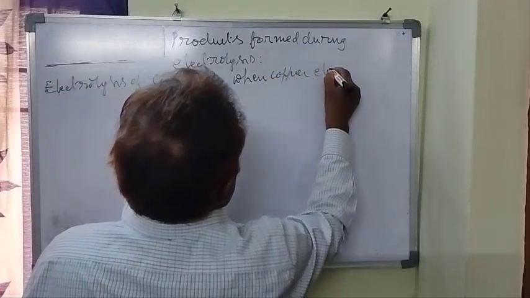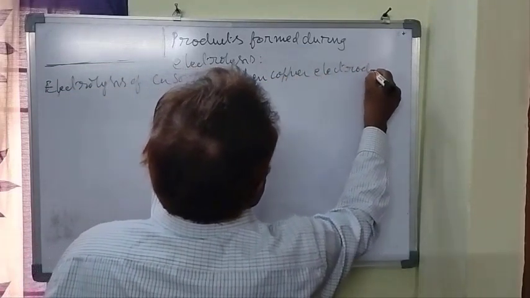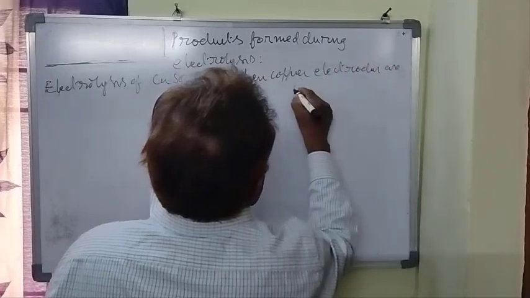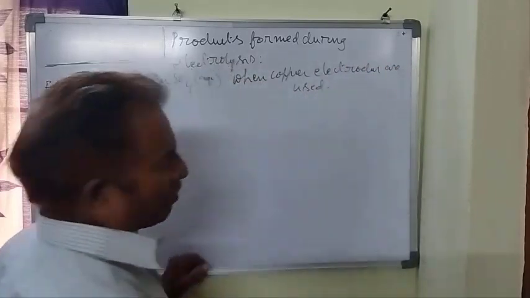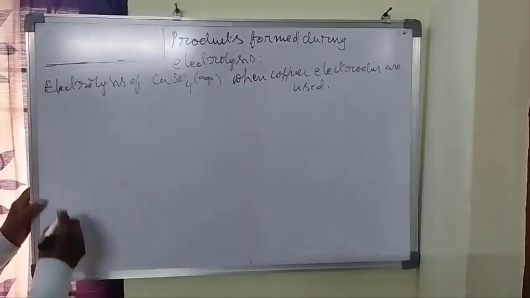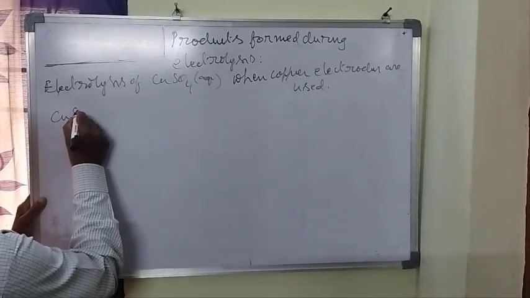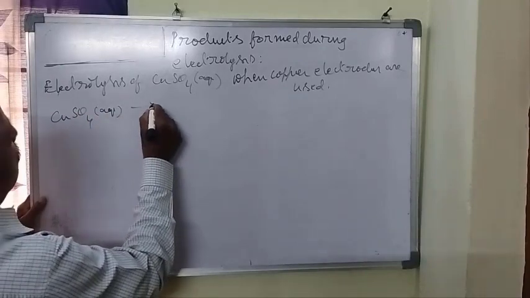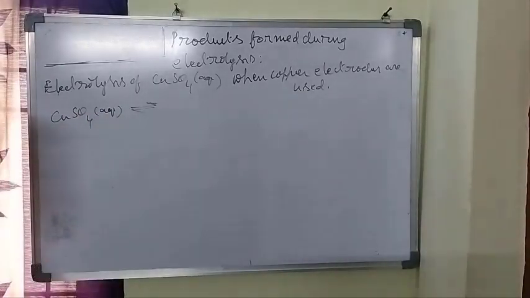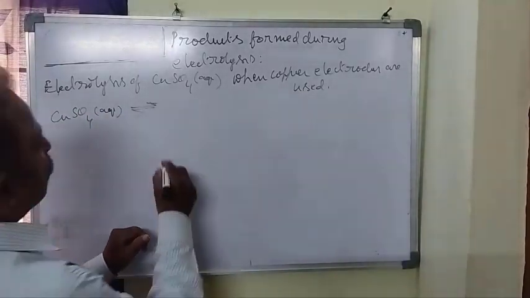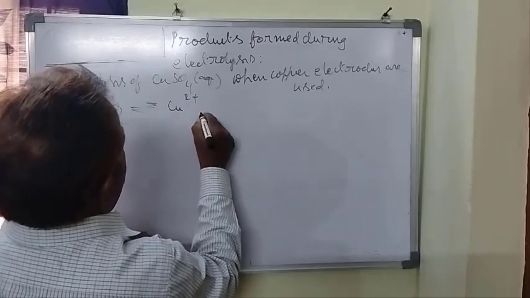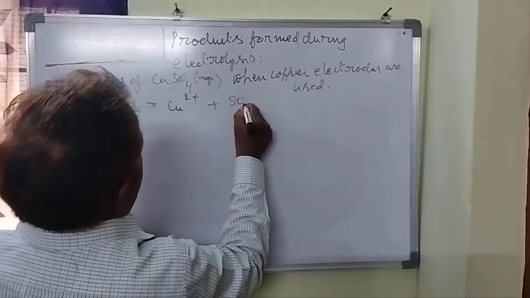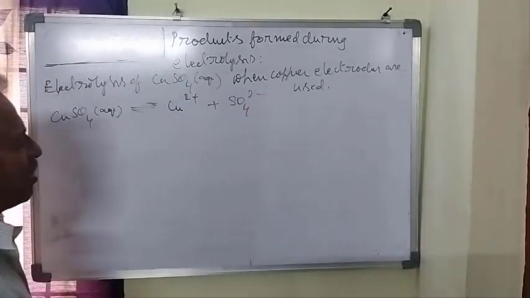So, first of all, copper sulfate in solution dissociates into Cu2+ ions plus SO4 2- ions.